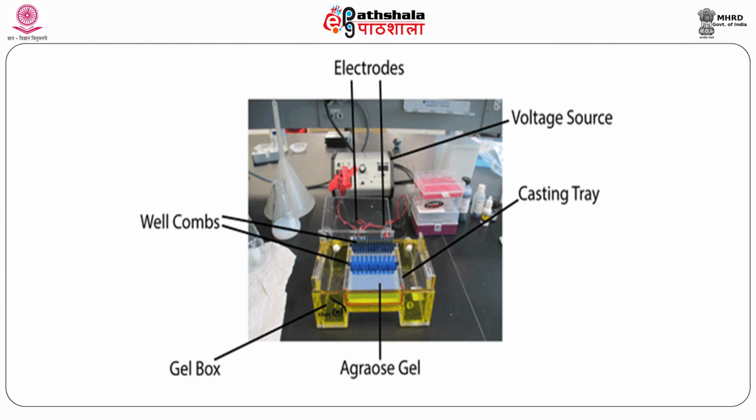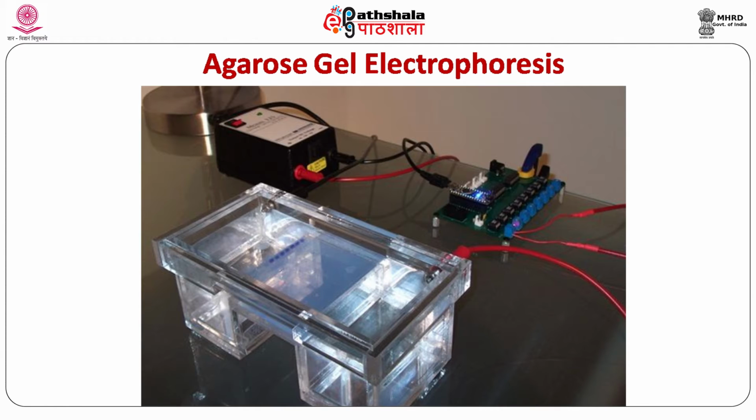Coming to the different techniques, what is agarose gel electrophoresis? As you know, electrophoresis is the movement of charged molecules in an electric field, and all of you know agarose is a polysaccharide derived from seaweeds which is used as a gel, and DNA samples are placed in the wells of the gel surface.